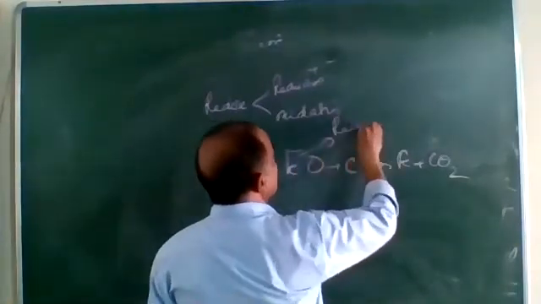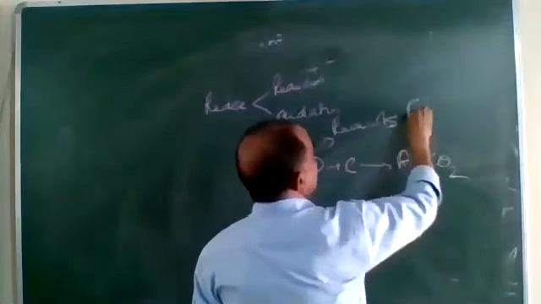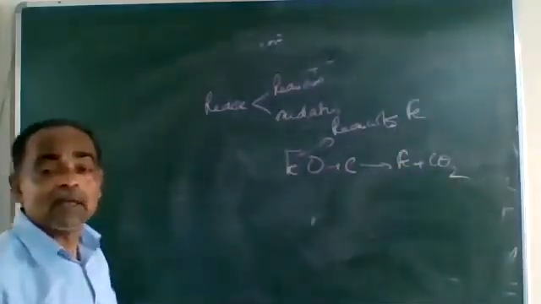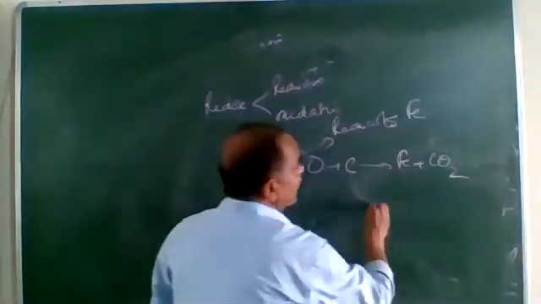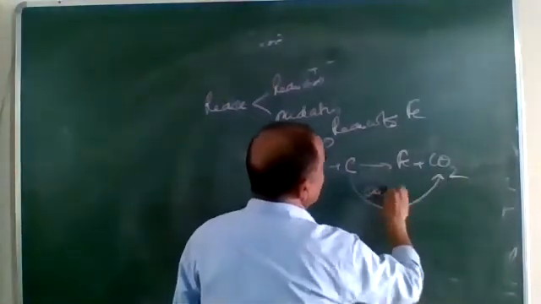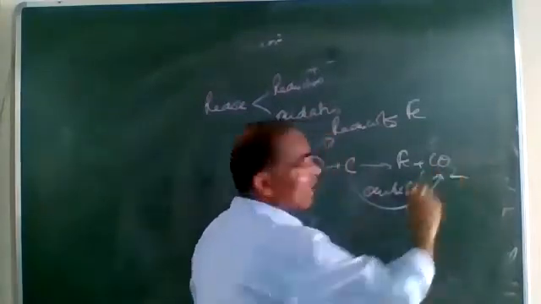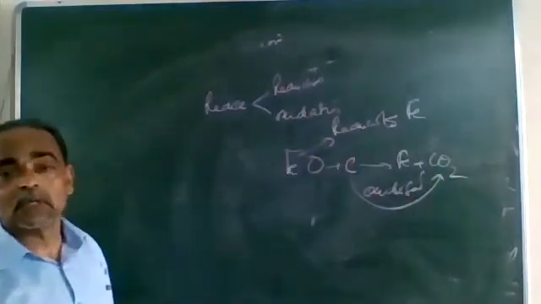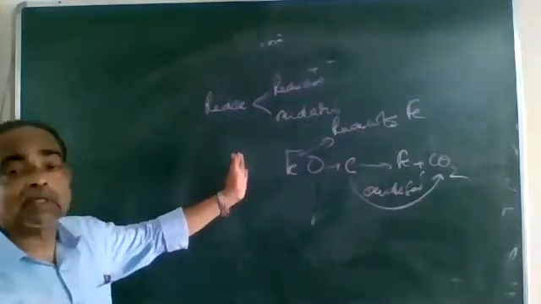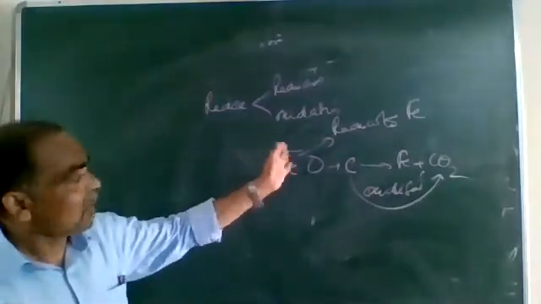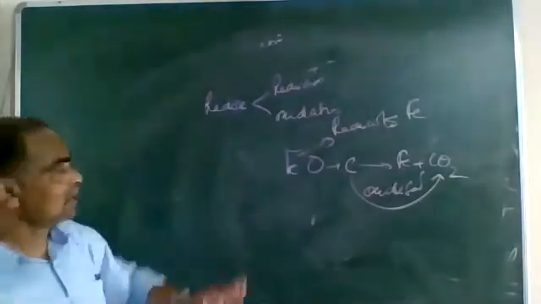So FeO is reduced to Fe. And addition of oxygen is oxidation. To this carbon, oxygen is added. So we can say that carbon is oxidized to carbon dioxide. Understood? First one was transfer of electron, and here goes transfer of oxygen. Understood? The next one.